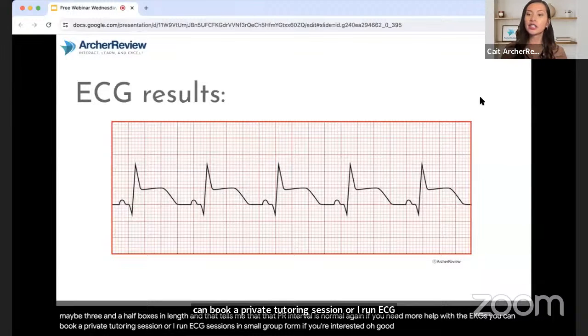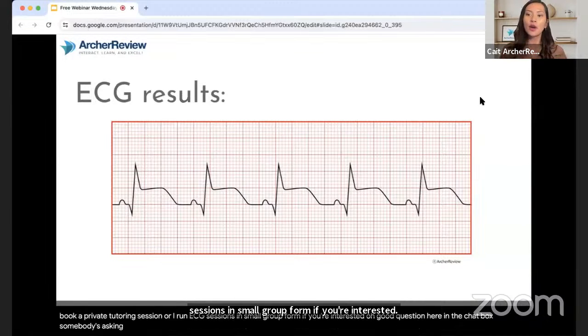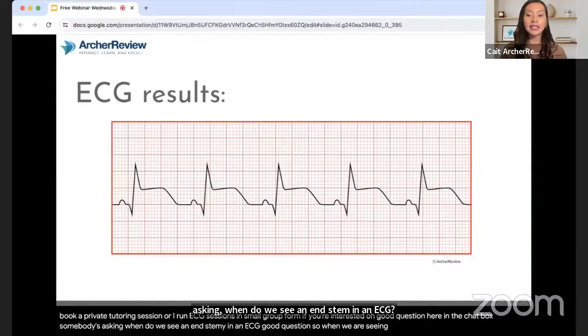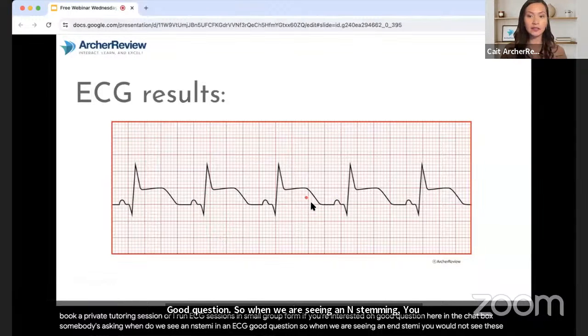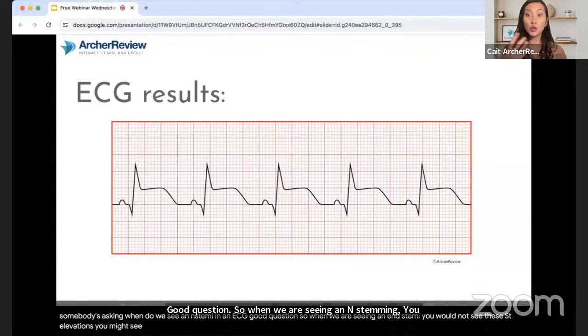Oh, good question here in the chat box. Somebody's asking, when do we see an NSTEMI in an ECG? Good question. So when we are seeing an NSTEMI, you would not see these ST elevations. You might see a normal ECG, or you could see ST depressions.